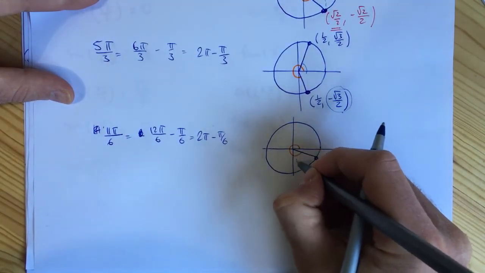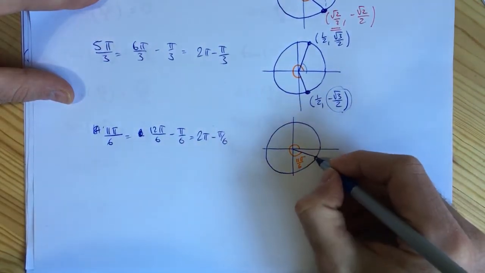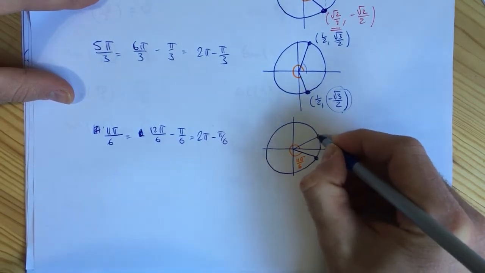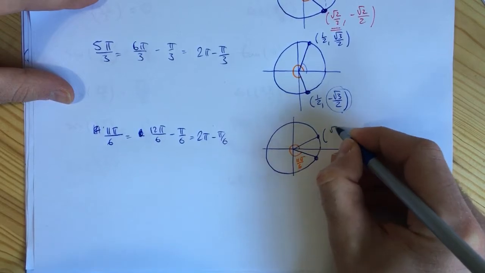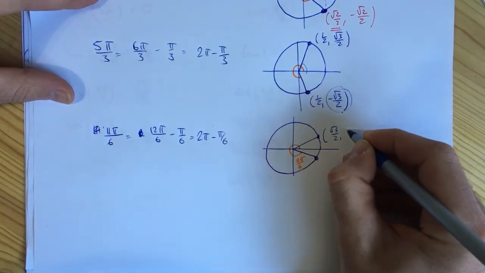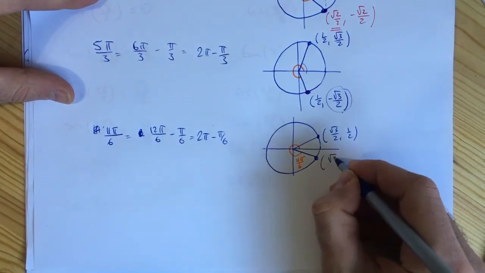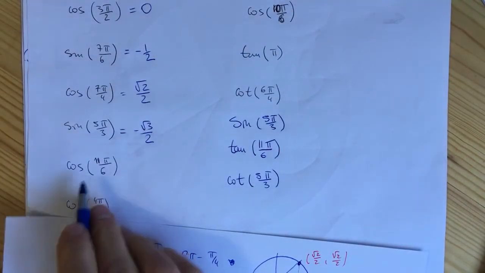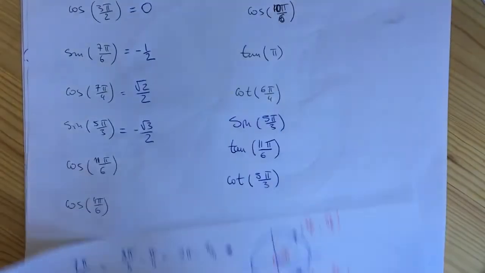This is 11 pi over 6. Okay, so how to remember these points? Well, always know that there is a symmetry between this point and this point. This point you have to know by heart. That's the point with square root of 3 over 2 and 1/2. Then this point here will also have square root of 3 over 2 because x stays positive, and negative 1/2. And now we're looking for cosine of that angle. The cosine of that angle gives me square root of 3 over 2.